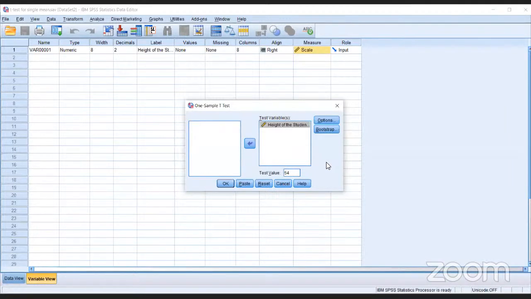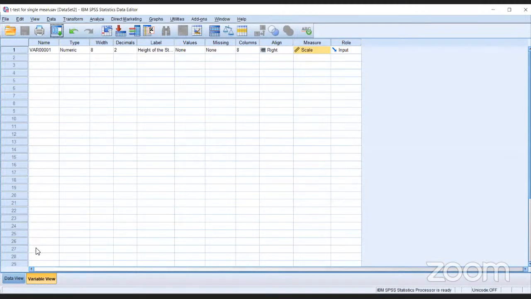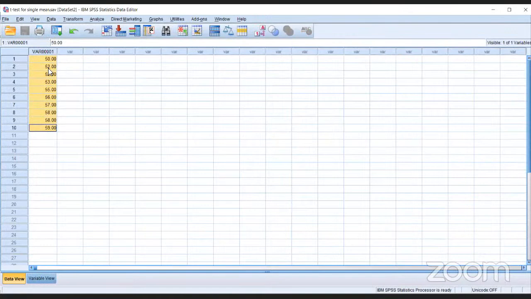Can you please repeat the menu that you went through? Okay, these are the heights of the students in a particular school. They have given the average height of the school as 54 inches. Now we are going to compare the sample mean.